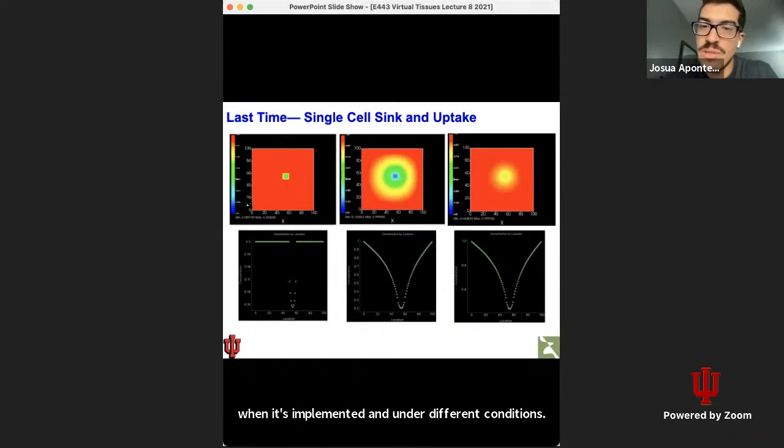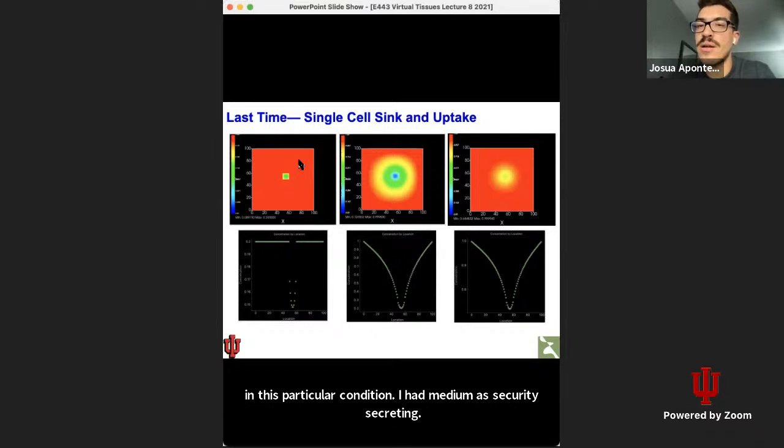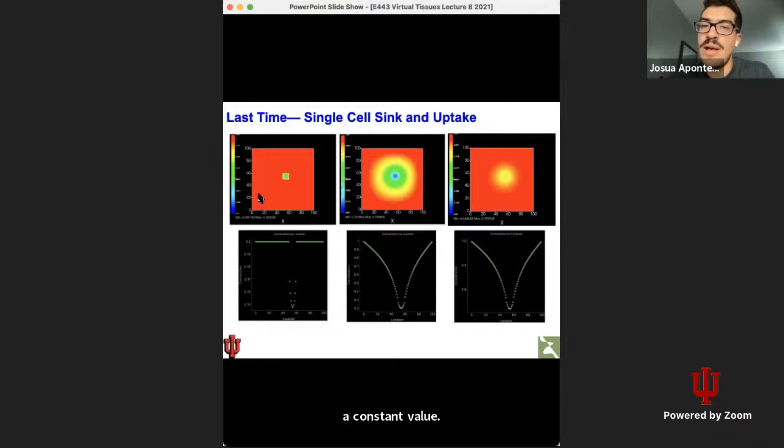In this particular condition, I had medium secreting the field at a constant value. So I set the constant value in medium to be 1. And then I set the uptake inside the cell to happen on each of the pixels of the cell.